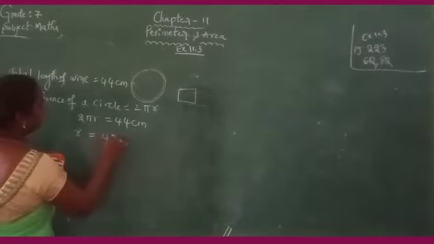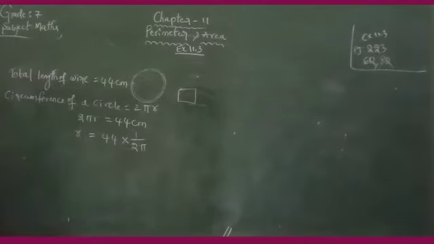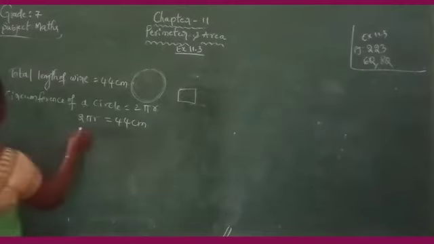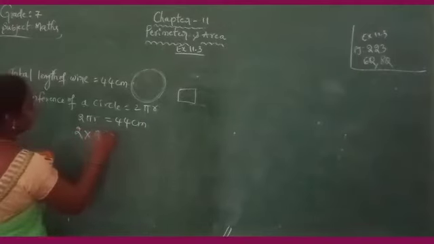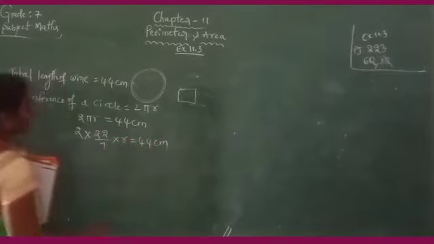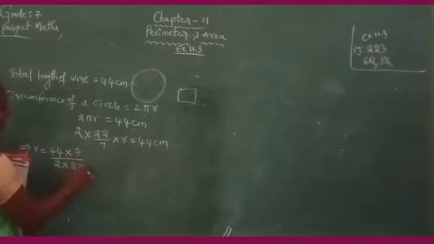That is 44 into 1 by 2 pi, or you can write directly 2 into pi value 22 by 7 into radius is equal to 44 centimeters. Then radius is equal to 44 into 7 by 2 into 22.